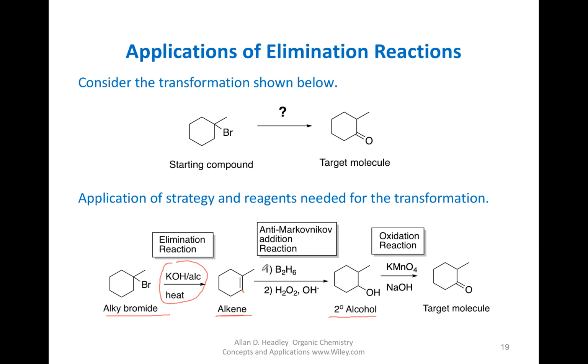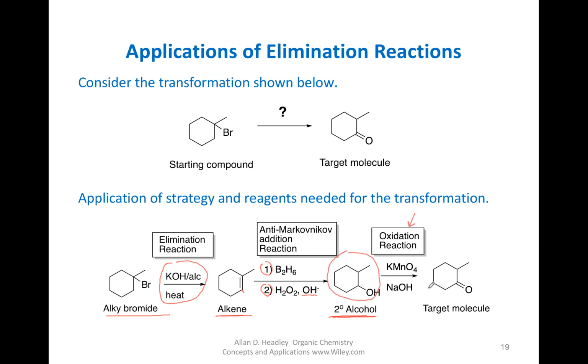Borane in the first step, notice it's a two-step reaction, and hydrogen peroxide in the presence of base to give this alcohol. If you have this alcohol here, it's just a matter of an oxidation.